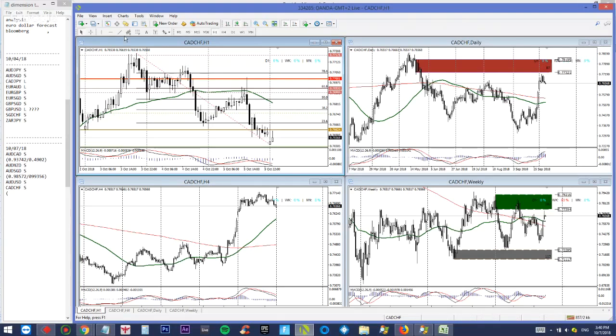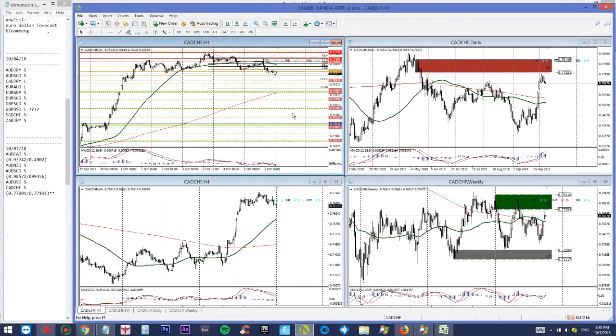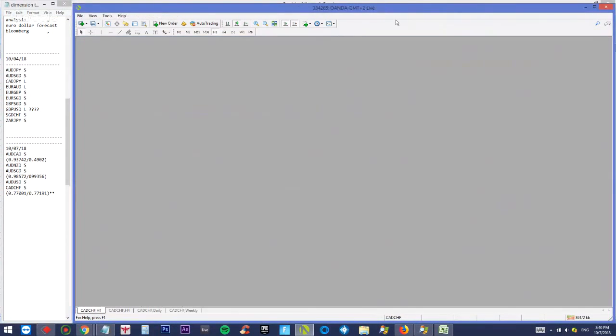A round number could be a good place to enter the shorts. We'll go right here. Okay, so there is a very high possibility we'll open an order according to the hourly chart reactions. Now we just need to wait for cross pair confirmation.